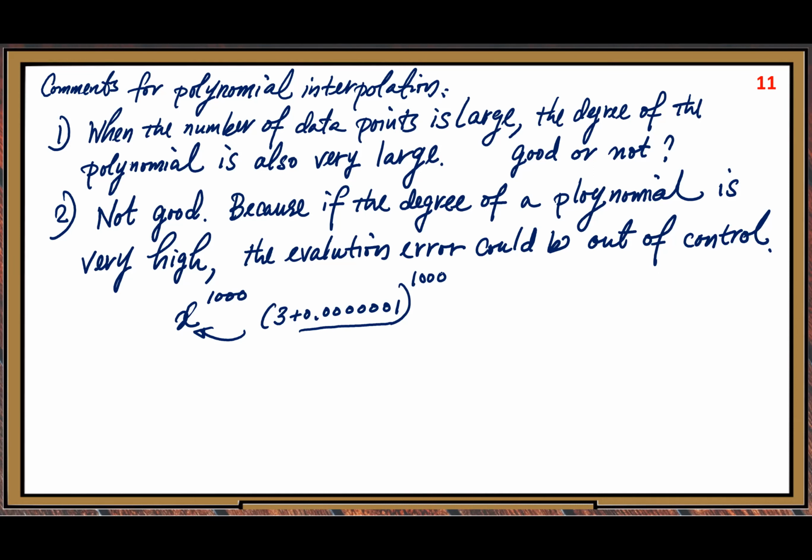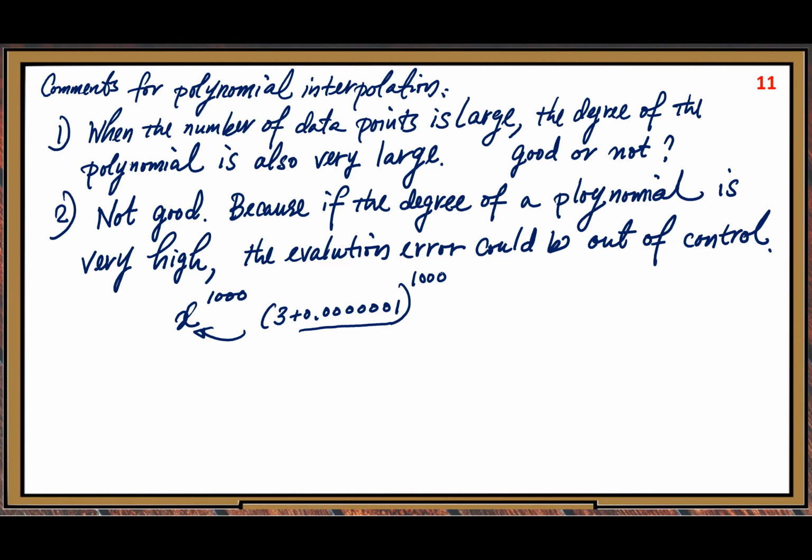So that won't be good. That makes our calculation not stable. We won't get a stable calculation with such a high degree polynomial. Because in a computer, we cannot use very accurate floating point numbers, even double precision.